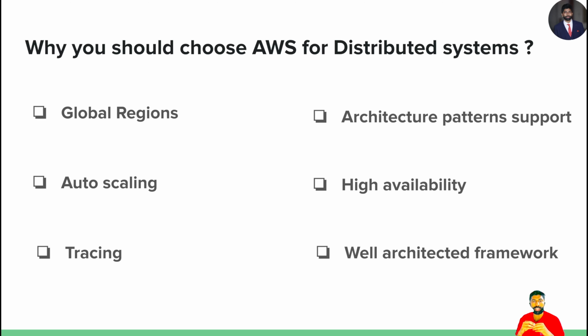AWS also provides a well-architected framework which allows you to assess your system or application as per its pillars. The well-architected framework has 6 pillars: performance efficiency, operational excellence, security, reliability, cost optimization, and sustainability. By using it, you can assess your distributed system against all the best practices of the AWS well-architected pillars.